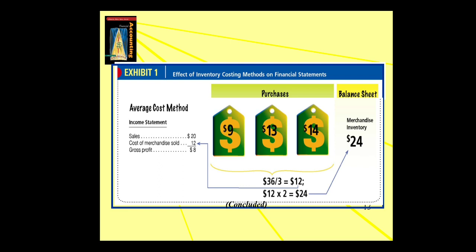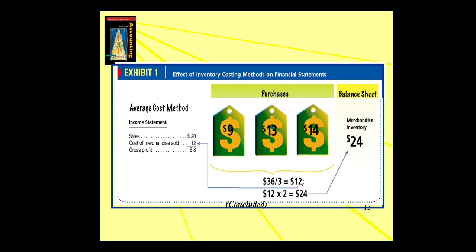So if you are given this data, there is a business. This business made 3 purchases during the month of May. First purchase is $9 per one product. Second purchase is $13 per one product. Third purchase is $14 per one product. Then the business sells one item on 30th of May.